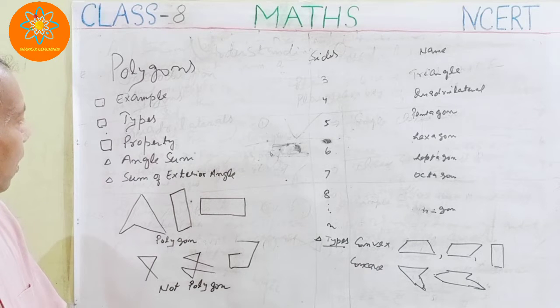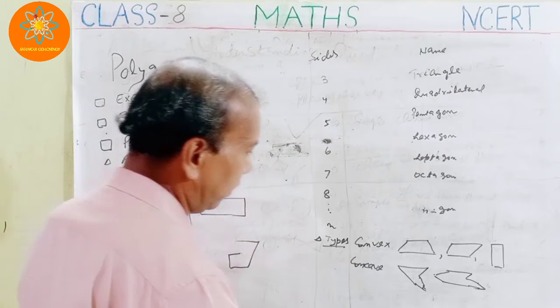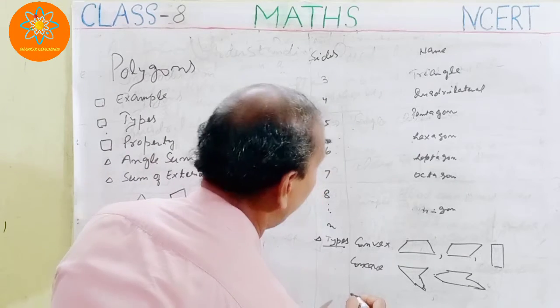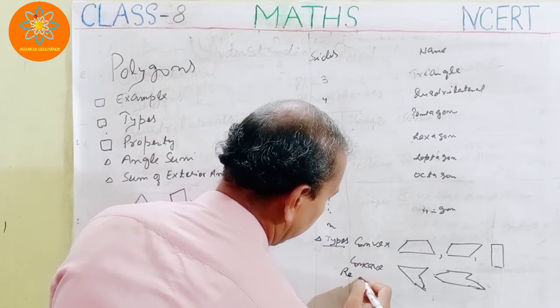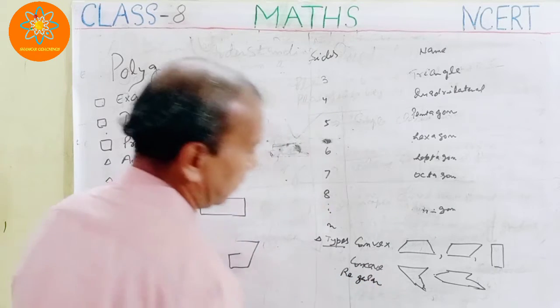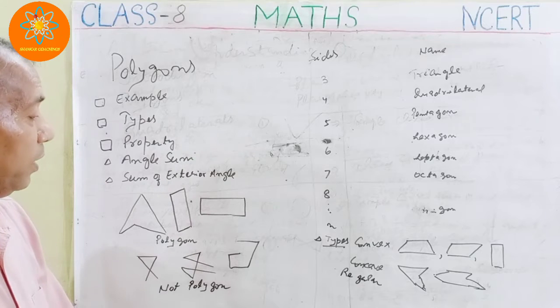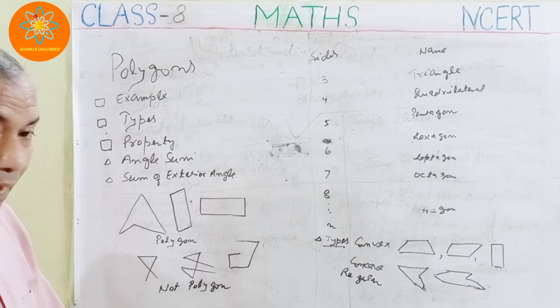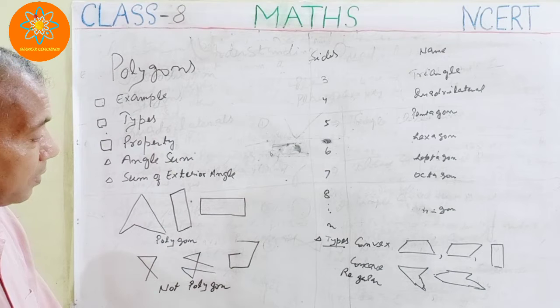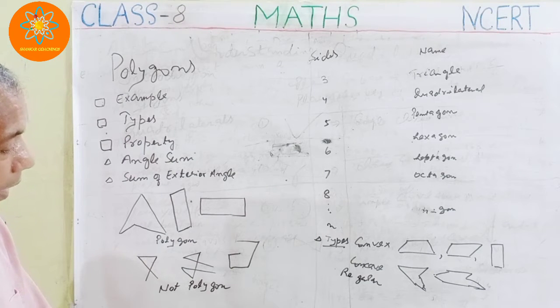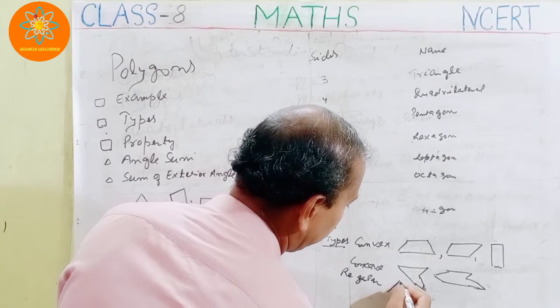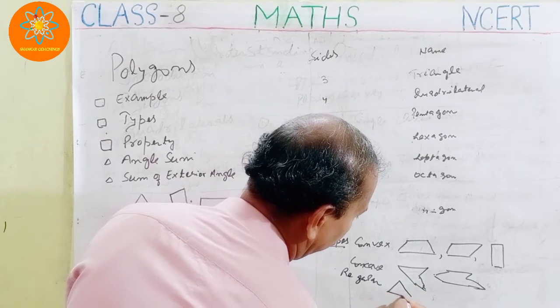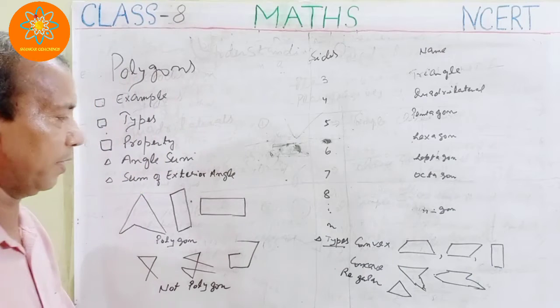Okay. Now one more is there, that is regular. Next is the regular polygon. In the regular polygon, angles are equal as well as the sides are equal. For example, I am taking this as equilateral triangle.